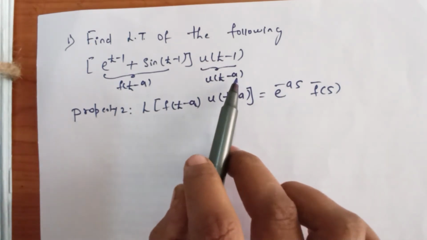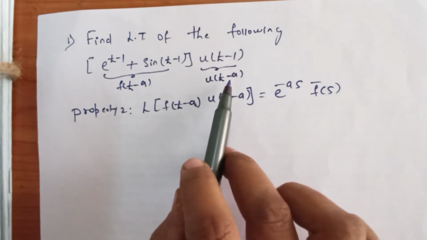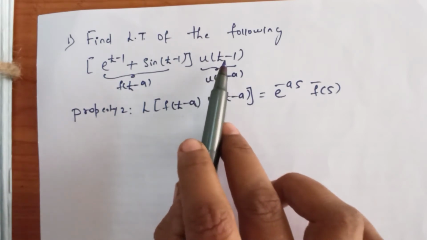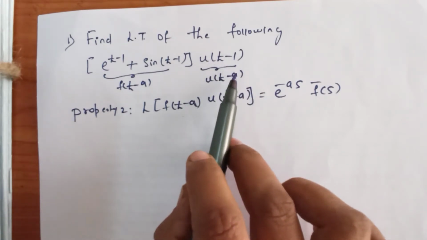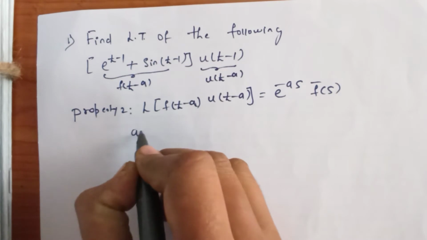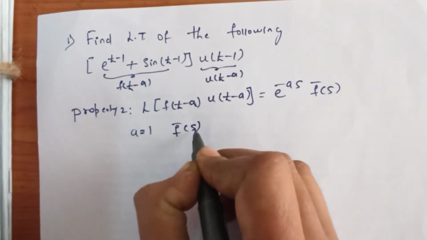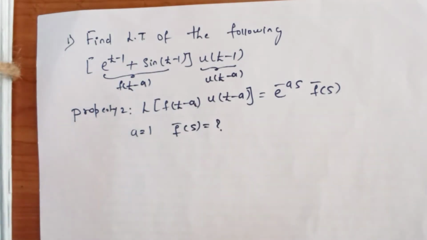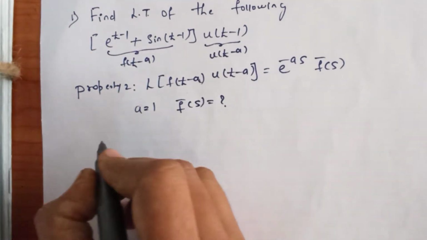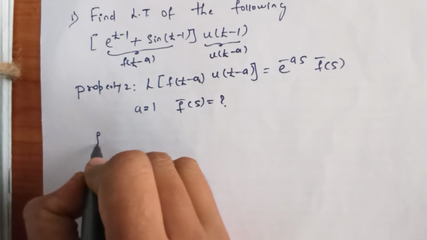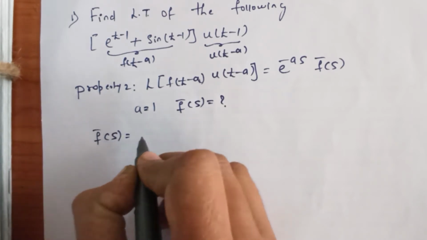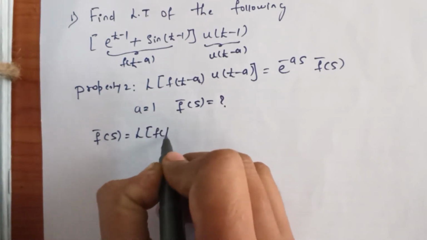If I compare the given function with this, I have u(t - a) as u(t - 1), so I can clearly make out that my a is equal to 1. And what is our f bar of s? We have to find our f bar of s, and we already know that f bar of s can also be written as the Laplace transform of f(t).